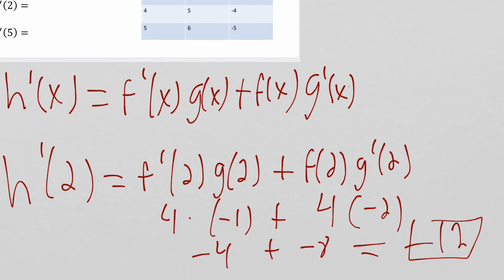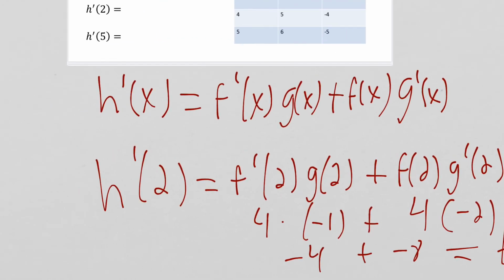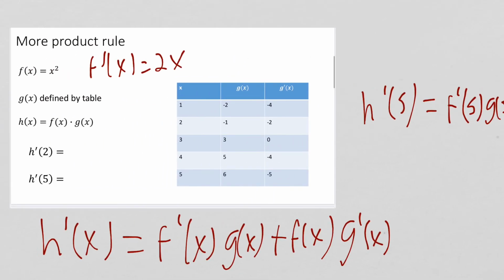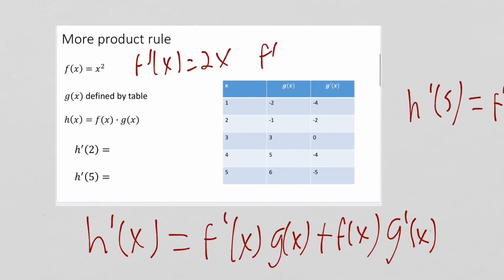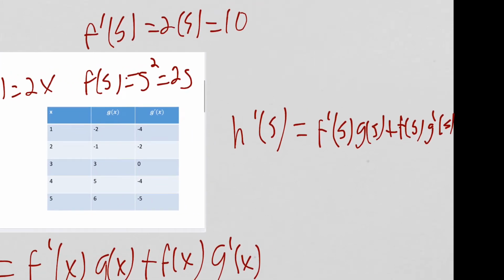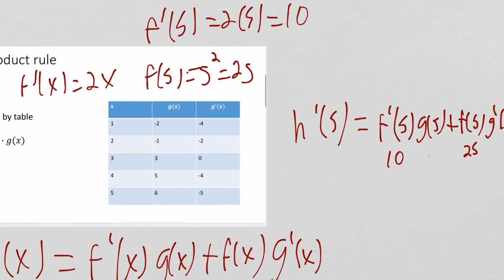Okay, you can try to do it for 5 now, h prime 5. Okay, so we have to do f prime 5 g of 5 plus f of 5 g prime 5. So let's find f prime and f of 5 first. F of 5 is 5 squared because the function's x squared, and that's 25. F prime 5 is going to be 2 times 5, which is 10. Okay, so we can plug those in. F prime 5 is 10, and f of 5 is 25. Okay, now what is g of 5? We have to pull that from the table.